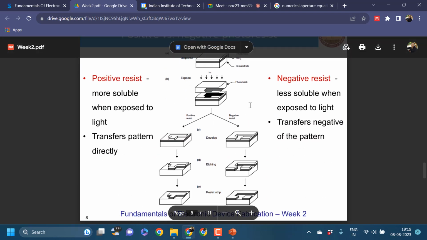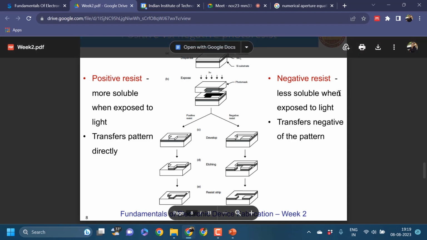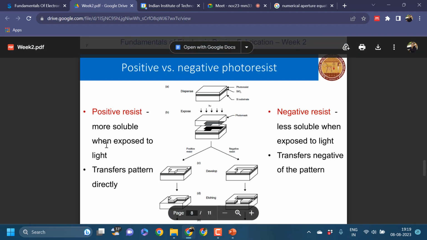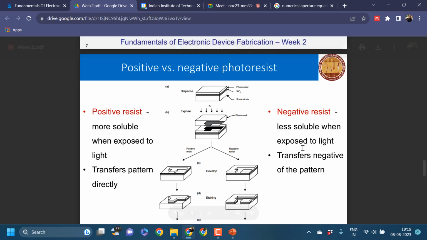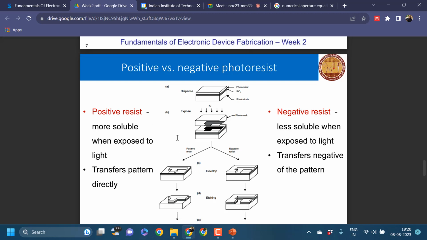Yeah. So you see here, the basic difference is that in positive photoresist, it becomes more soluble when exposed to light, and in negative photoresist it becomes less soluble when exposed to light. So suppose you are keeping a positive photoresist as such on top, and then you are exposing the light. Wherever the light falls, that portion will become soluble.